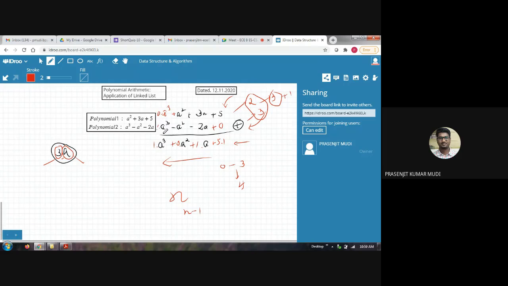For study purposes, we can simply display this much: 1a cube plus 0a square plus 1a plus 5.